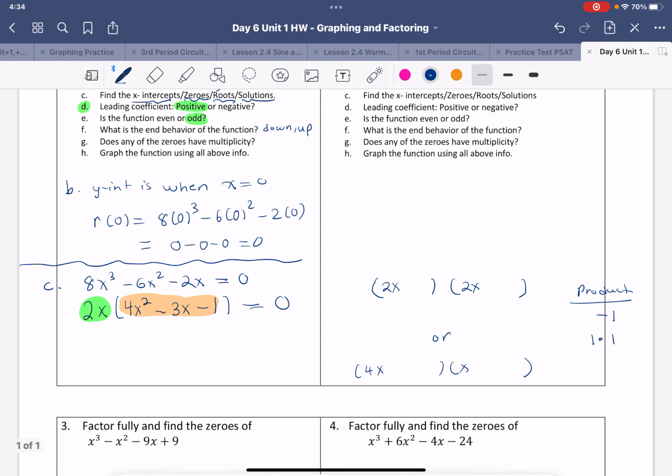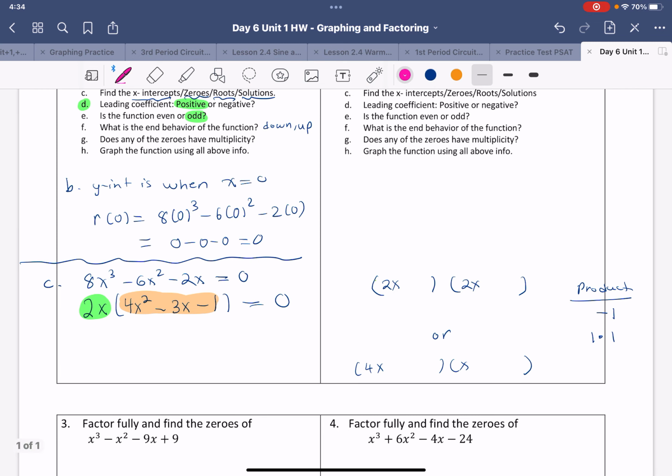And I know my signs have to be positive and negative. I'm going to put these arrows here because remember that when I multiply the terms associated with the arrow, I need to get my middle term, which is -3. So the nice thing about this problem, everybody, is there's only one way to multiply to 1. So that means that the numbers here have to be 1 and 1.